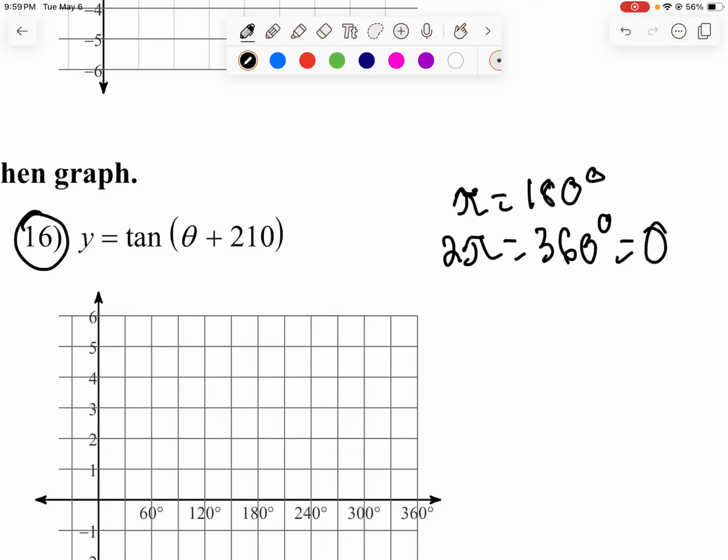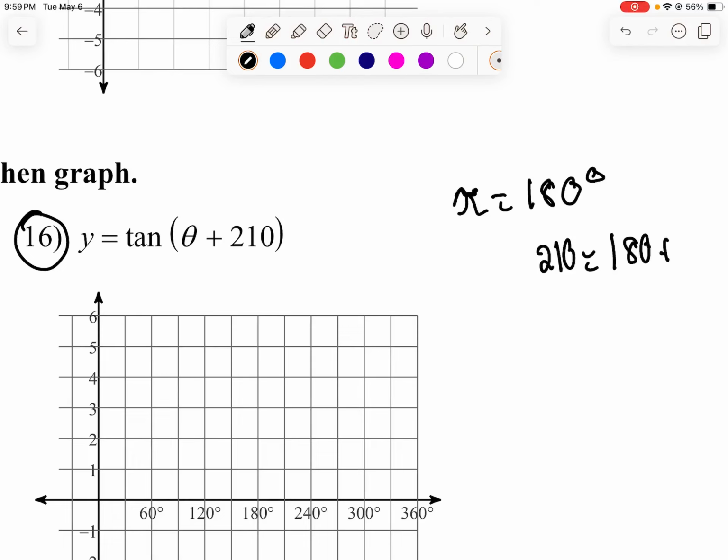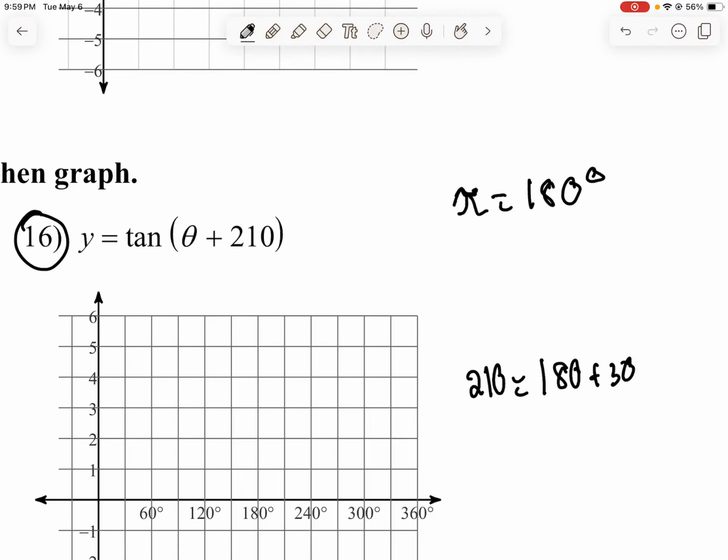Cool. What does this mean? If you know that pi is equal to 180 degrees, and we know that 210 equals 180 plus 60, that means we can also find pi over 6 equals 30, because if you divide both sides by 6.